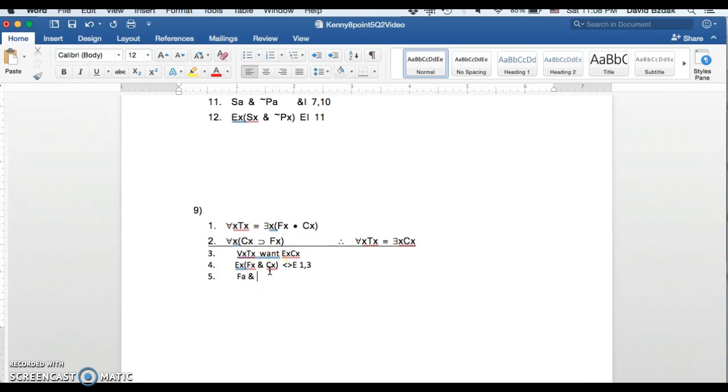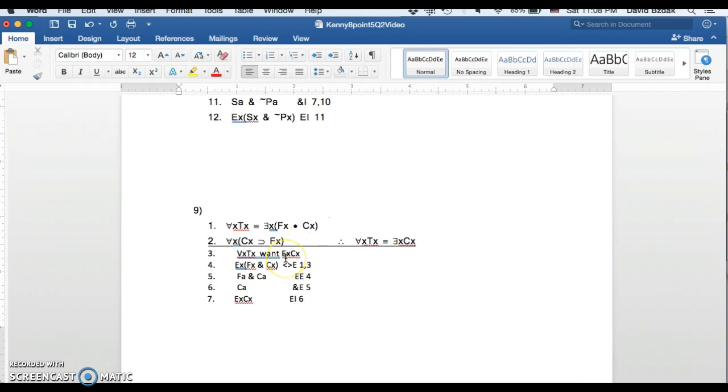Now we can do FA and CA by existential elimination of 4. And we can get CA by conjunction elimination of 5. And then 7, we can get some x CX by existential introduction of 6.